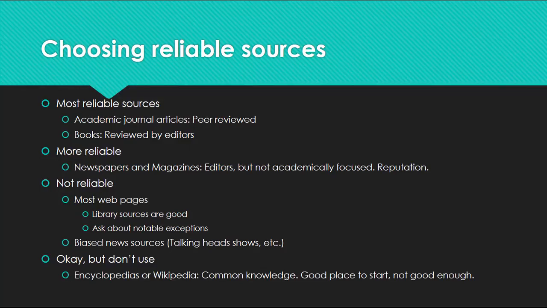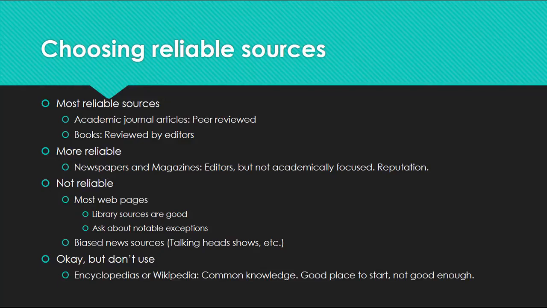Those are in that most reliable category. If you think something you find on the internet is a really great source, ask your professor. There's good stuff on the internet, but a lot of it is just junk, and that's a big problem we're facing in our society right now.